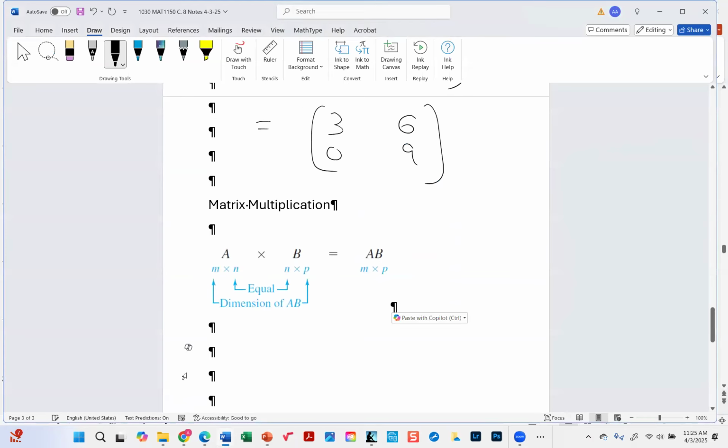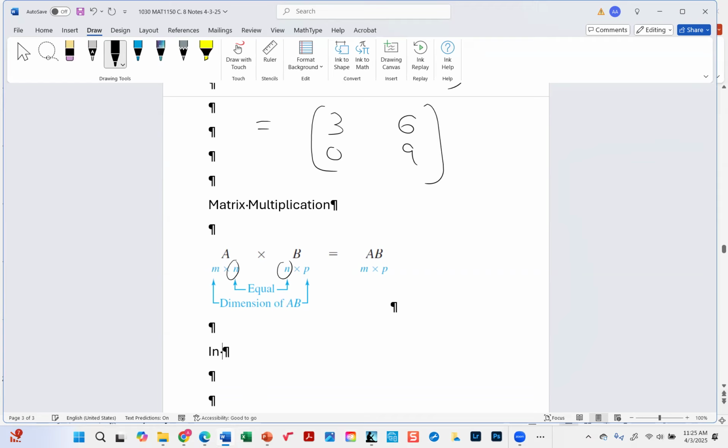So here in their example, they've got A times B, where A has dimensions m by n, and B is n by p. You notice how they're telling us that these two are equal to each other.